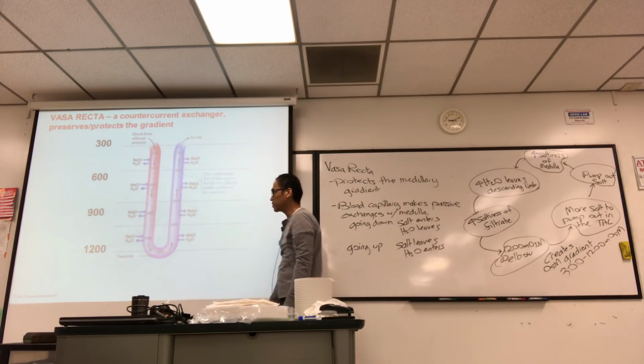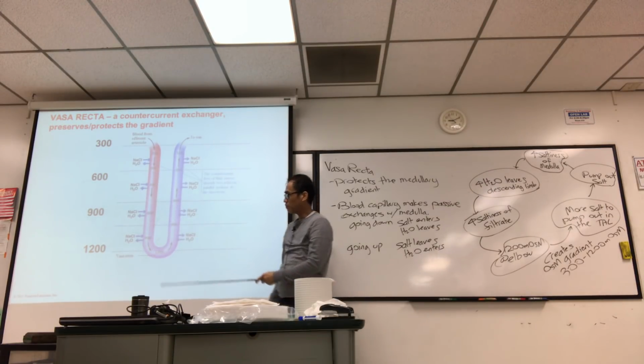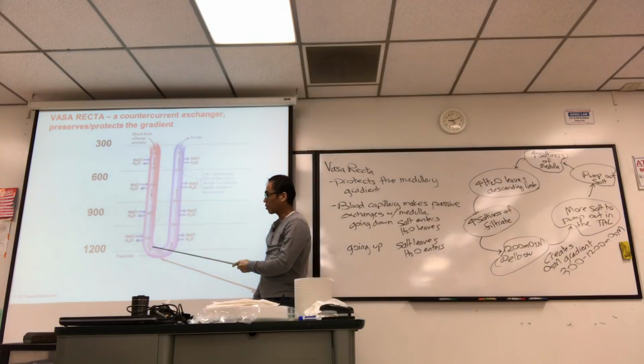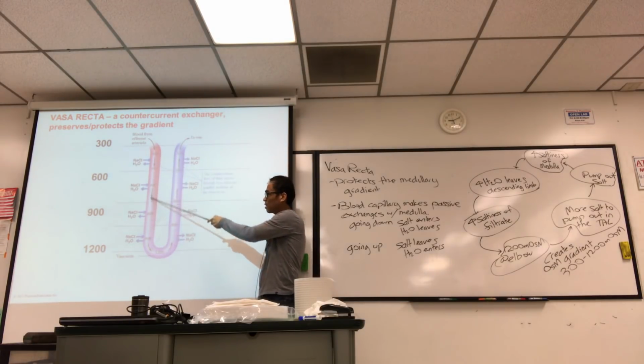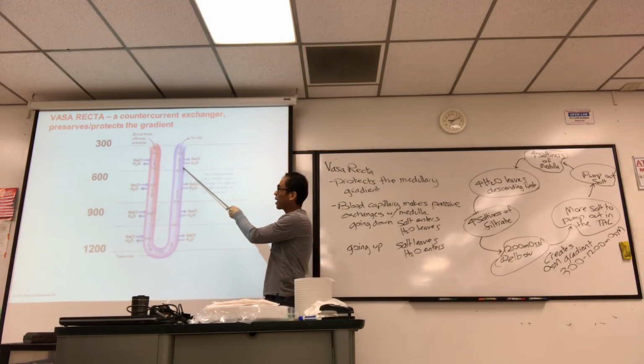So the point of that is you don't remove salt. You don't wash it out. Imagine if this was a normal capillary where it's a straight tube. You go in and you go out. You would remove 1200, and you would wash away the gradient. So the fact that you make a U-turn and go back up and out, you barely remove any salt, you protect the gradient.